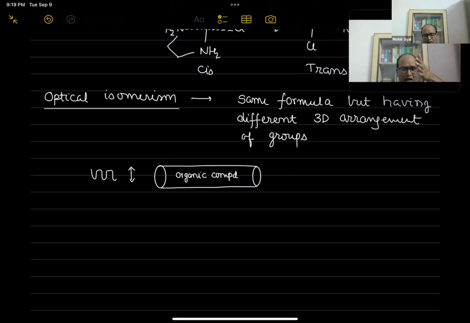If you pass this light through an organic compound, and it is optically active, this plane of polarization is going to tilt like this or this. Got it? Are you getting my point? If the plane of polarization is rotated, then that compound is an optically active compound. So optical isomers have different optical rotation, and the value of optical rotation is checked in the polarimeter. This equipment is known as polarimeter.